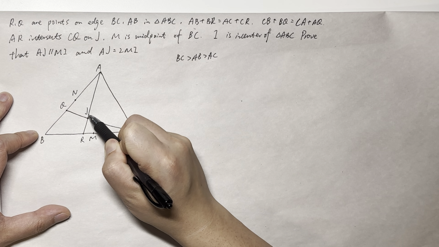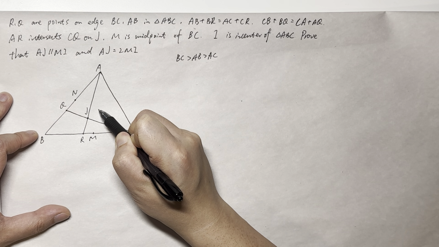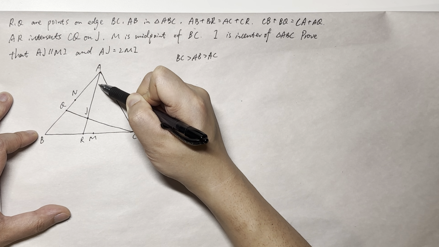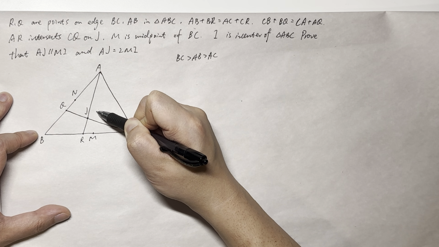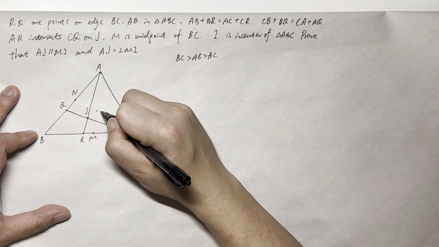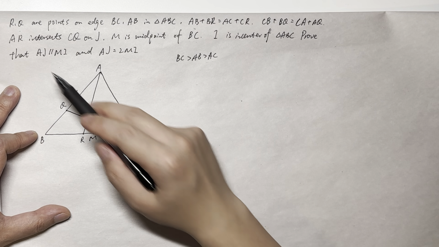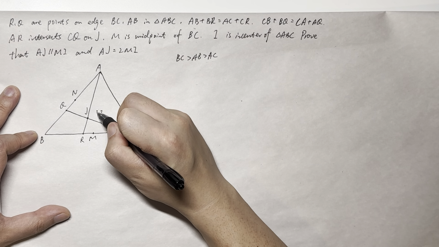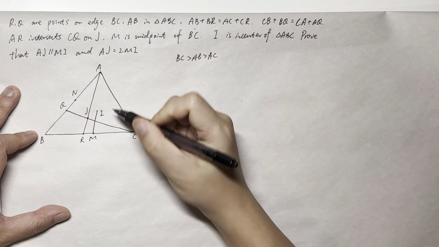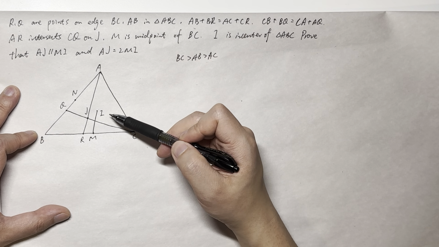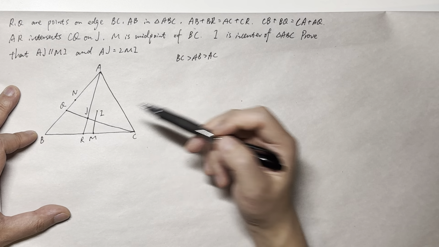So that's roughly the angle bisector line, and this would be the angle bisector line. So it meets here, right? That is I. And we want to prove that AJ is parallel to MI, and AJ equals twice MI.